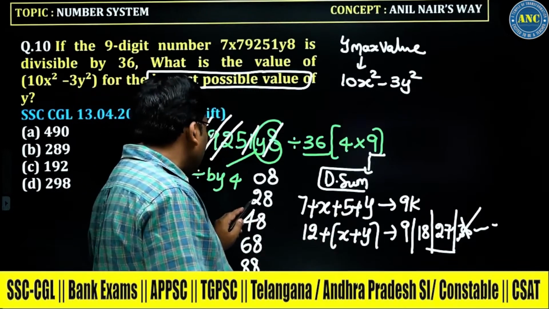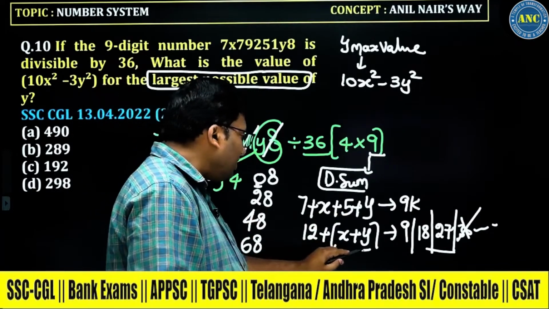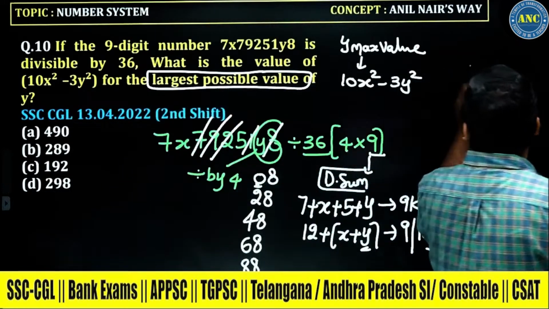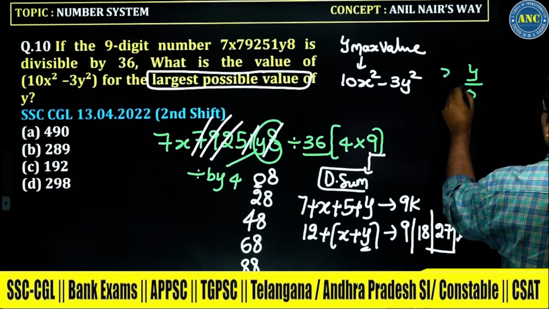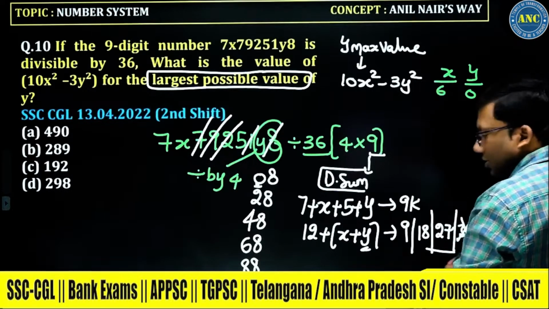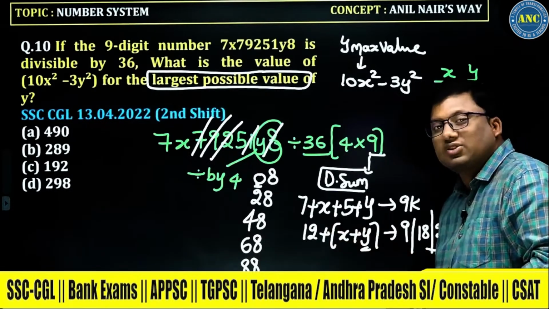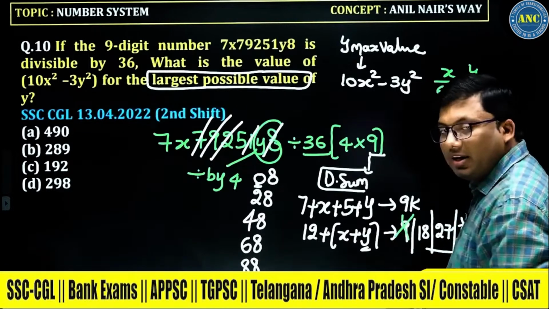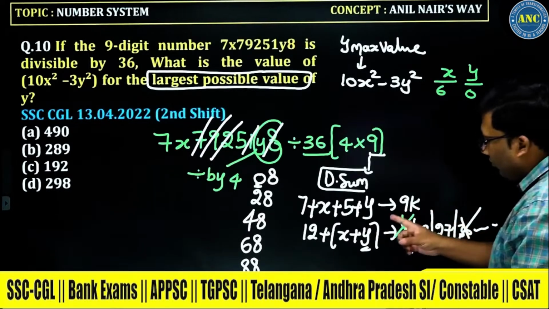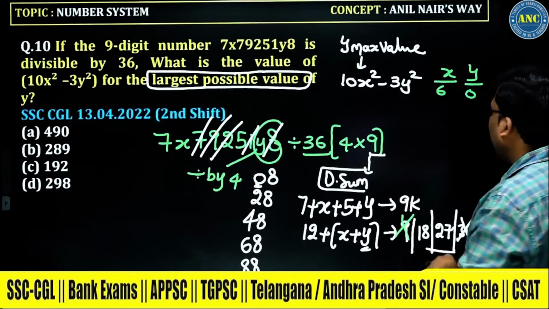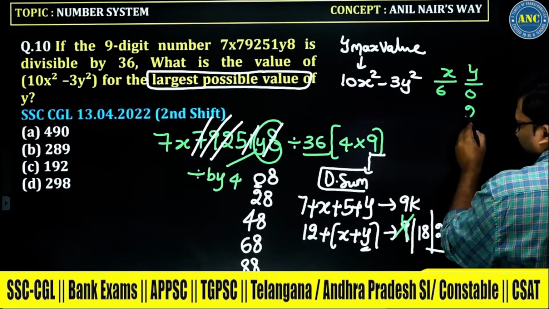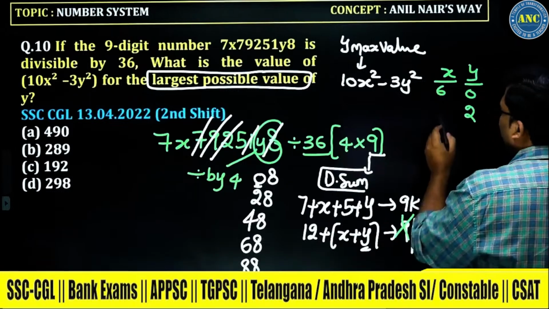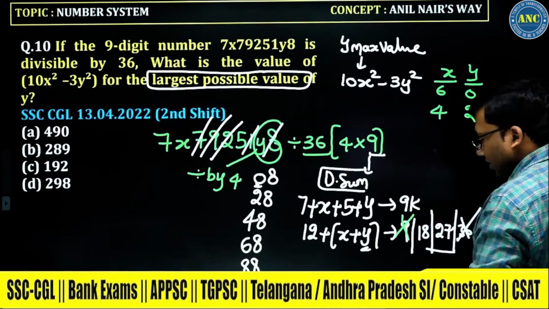If y is 0, x will be 6. How, sir? Because 12 plus 6 is 18. 12 plus a positive value, how can it be 9? 9 is out. If y is 2, 12 plus 2 is 14, 14 plus 4 is 18, so x will be 4.